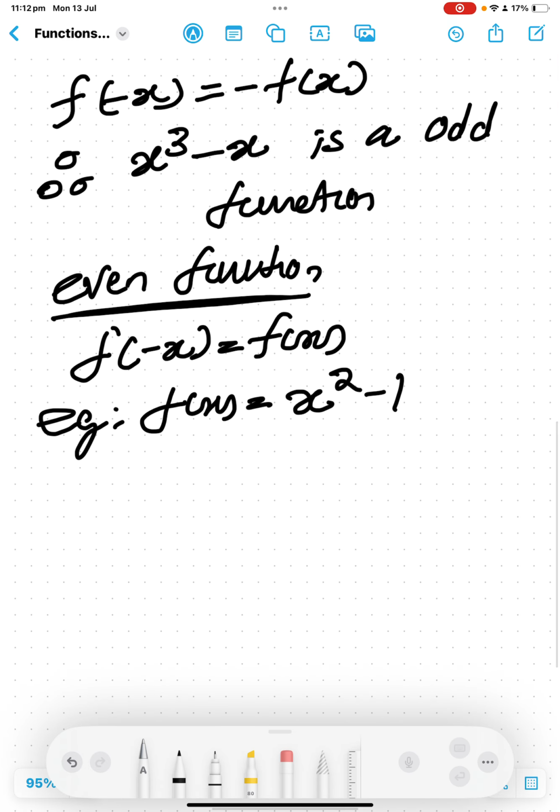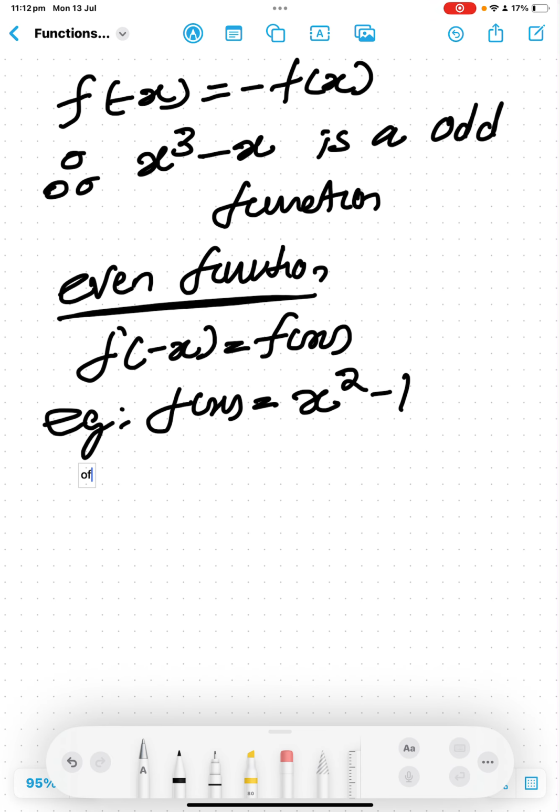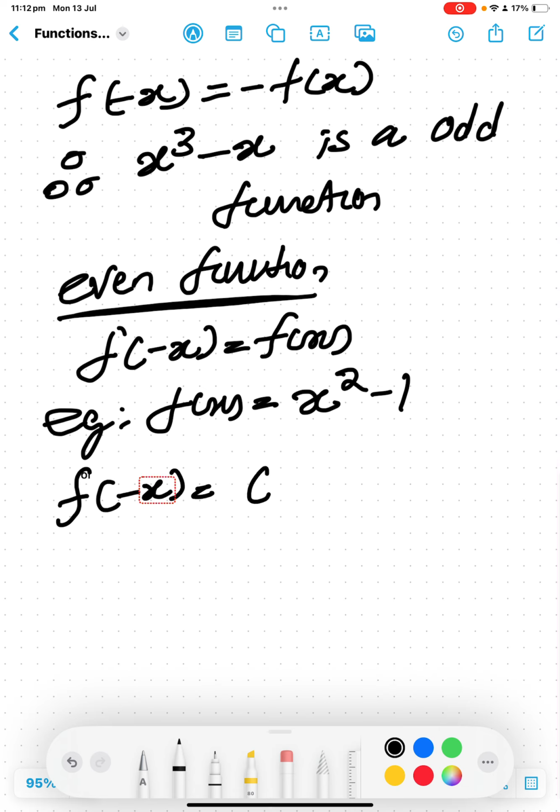So what happens if I put negative x in place of x? That would be (-x) to the power of 2 minus 1. That equals x squared minus 1, that is f(x).